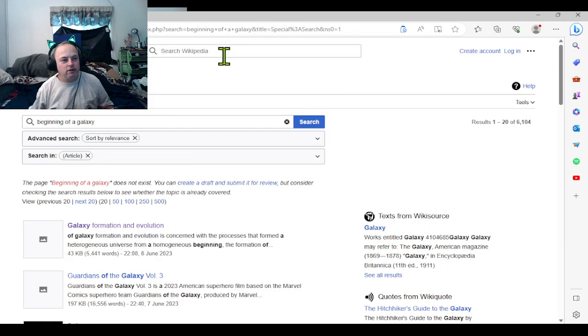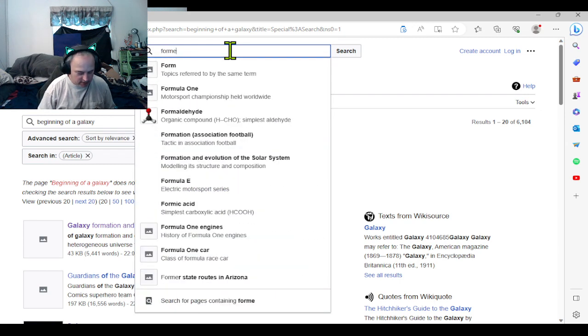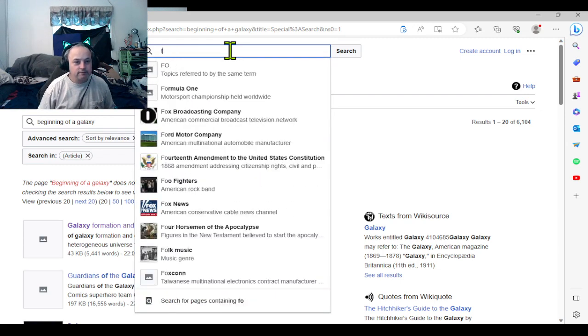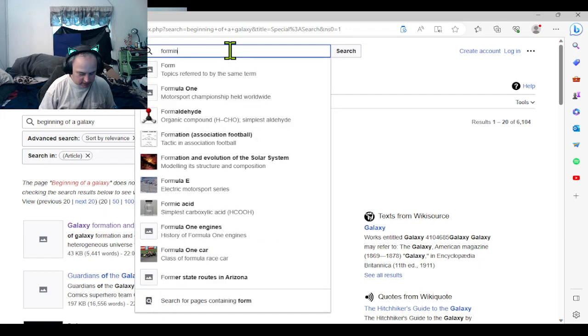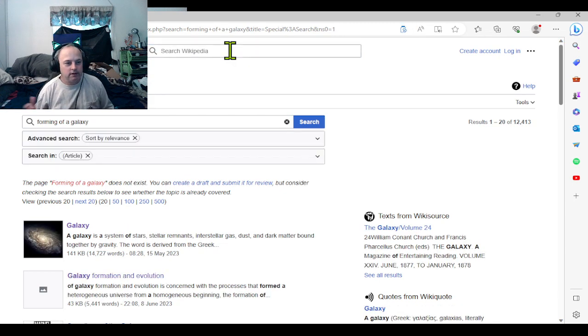Because once you know what the beginning of a galaxy is, then you know what happened. You then look into how they're formed. Forming of a galaxy. Oh gosh. Galaxy begins.